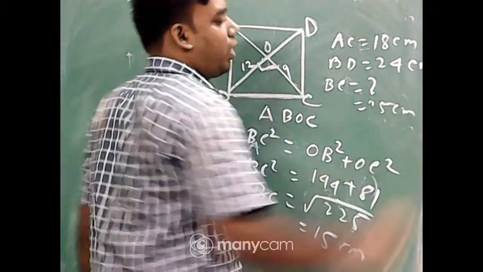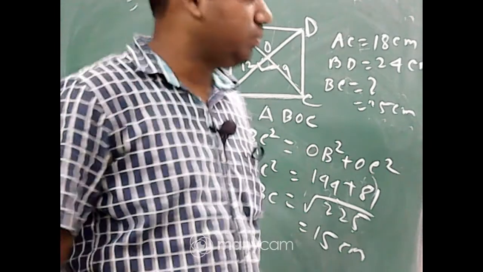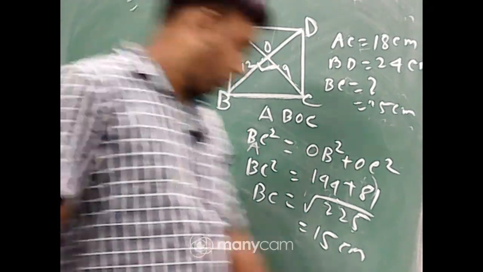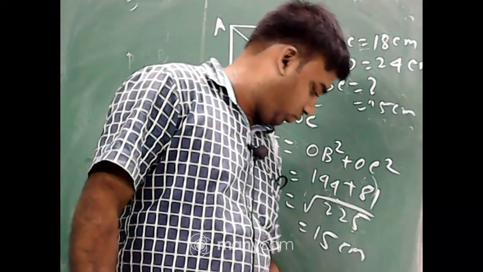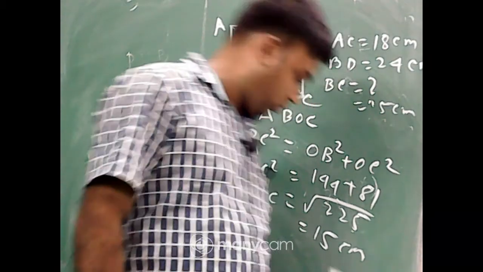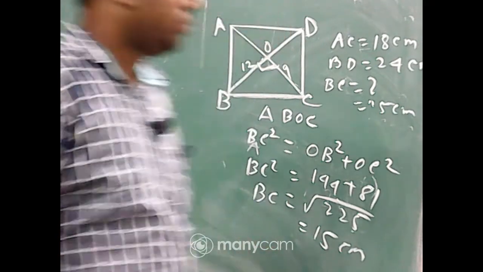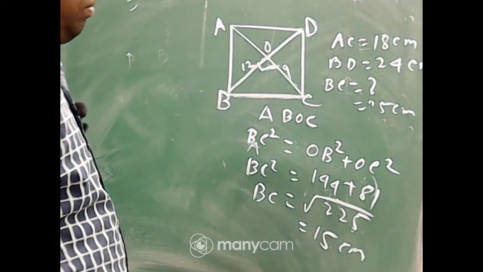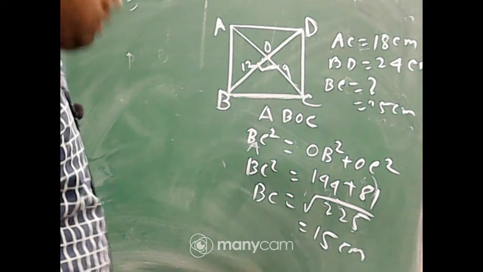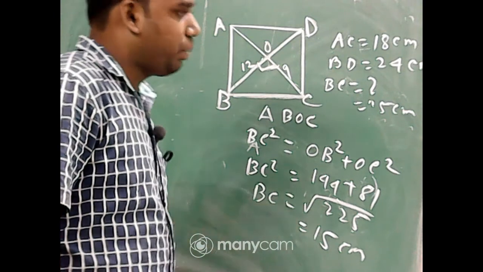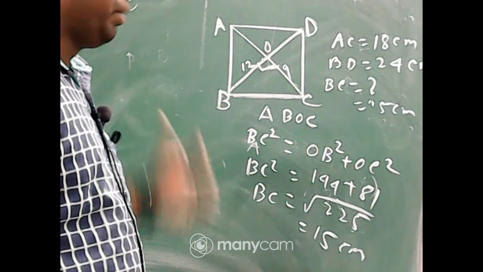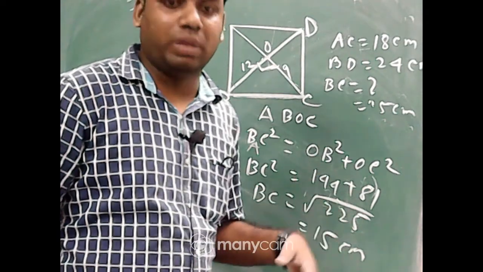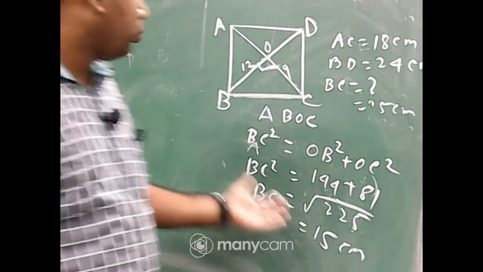Okay, got it? Any doubt? Anyone? Root of 144 plus 81 is root 225. We know that 225 is a perfect square number, and the square root of 225 is 15 centimeter.